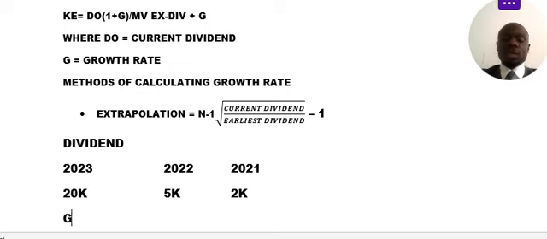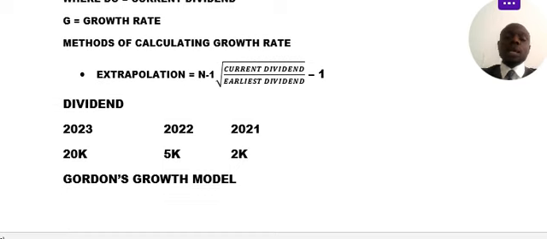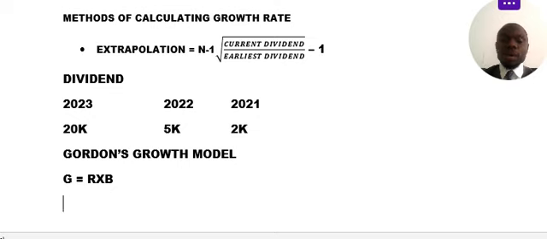Another method we look at is Gordon's growth model. How do we determine the growth rate with it? Growth rate equals R times B. What is our R?